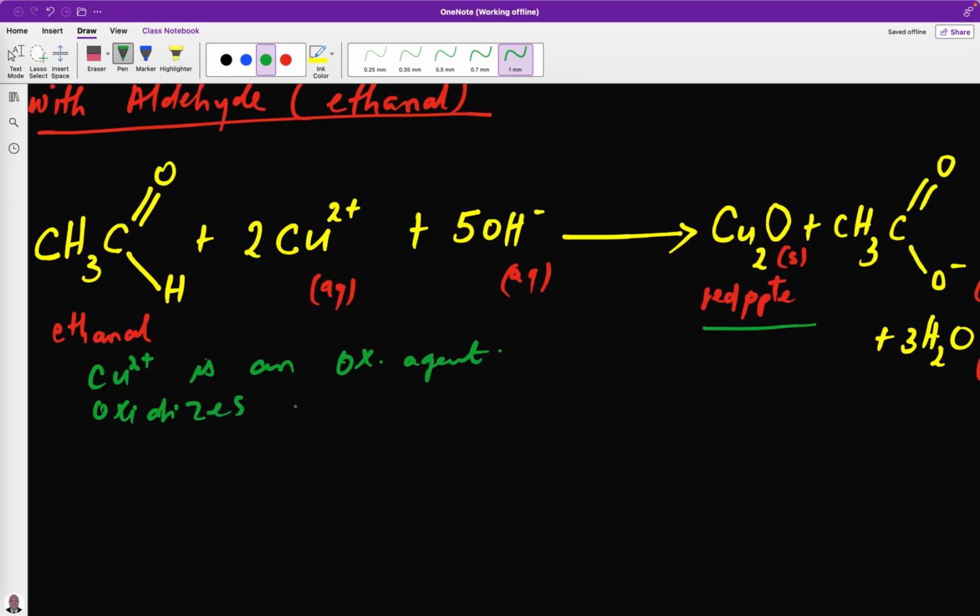It oxidizes the aldehyde to what? To the carboxylate ion, and itself is reduced to copper 1.